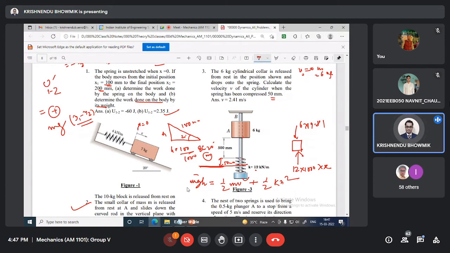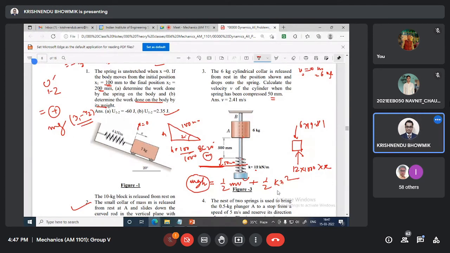This mg is the work done from here to here, so you consider mg times the height as the total work done. Then the velocity it will possess is v, then half m v square will be its kinetic energy. Initially it was 0, and the other energy will be the potential energy in the spring, half k x square.